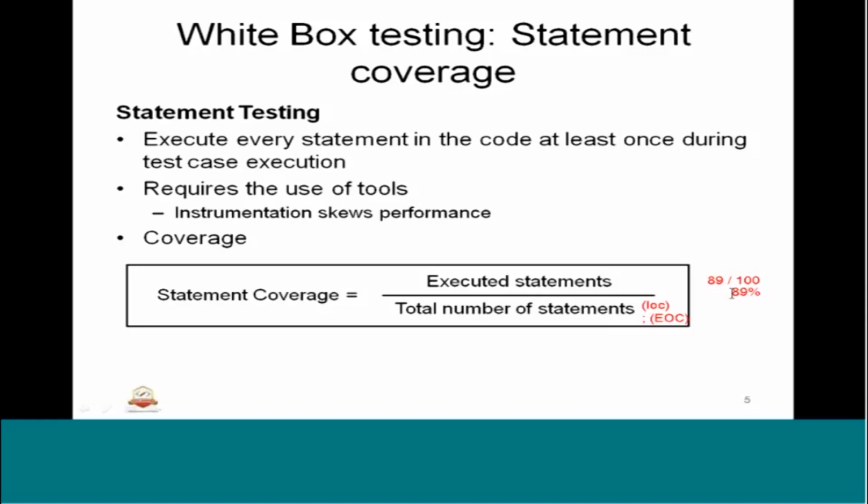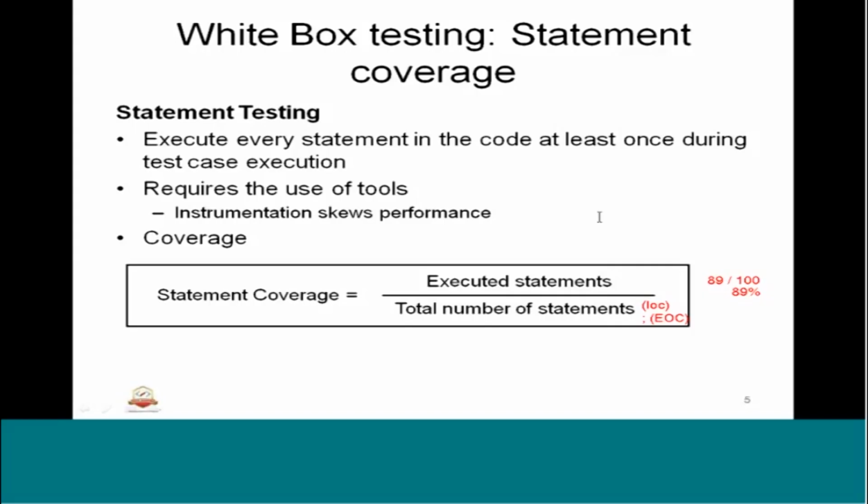The workflow when using statement coverage is to first execute all existing black box test cases that have been created while monitoring the execution. That means if we have done the black box requirements testing, we can do that with the help of white box and monitor which statements have been executed.